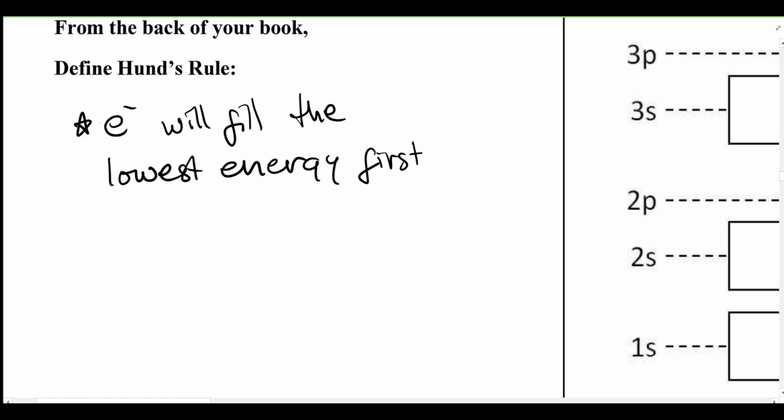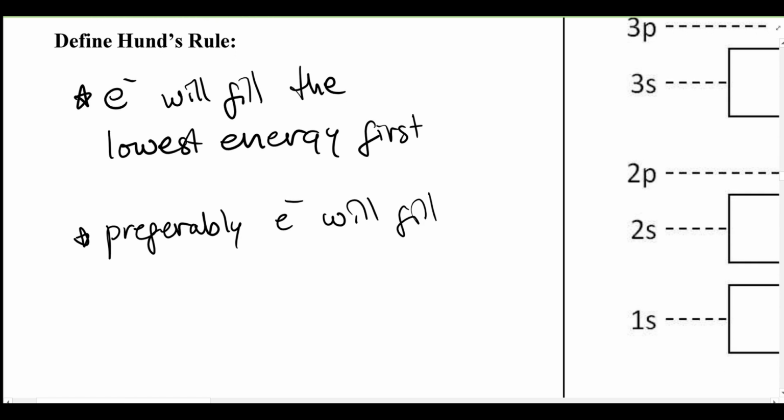The next one is kind of the same thing as this one. Preferably, electrons will fill empty orbitals of the same degenerate state.